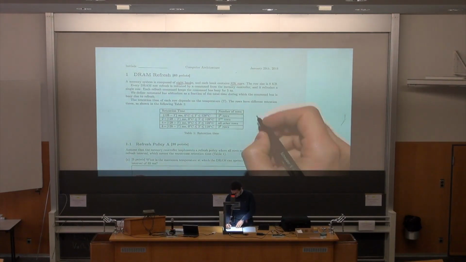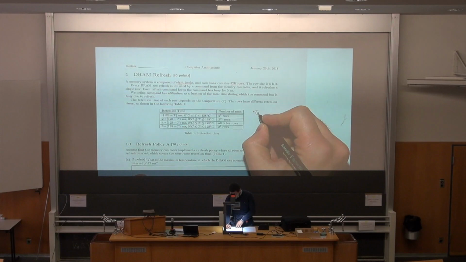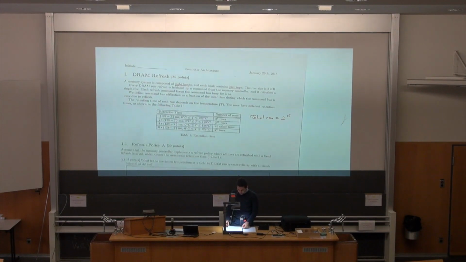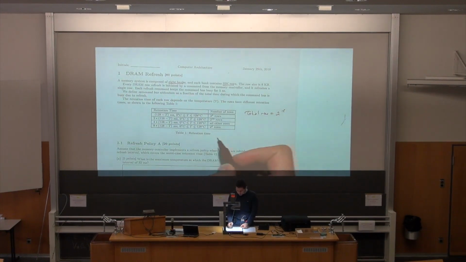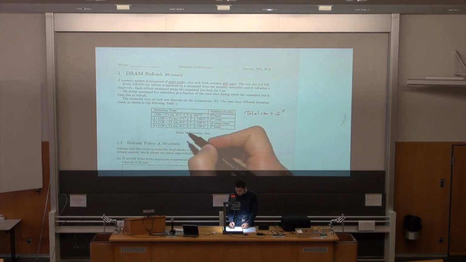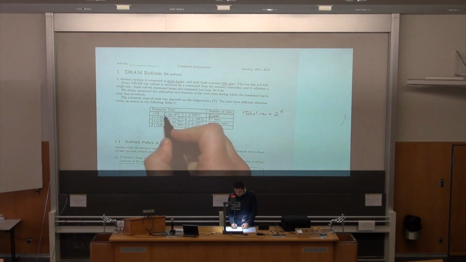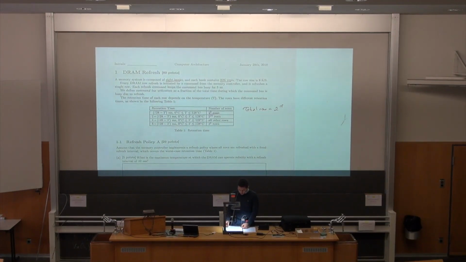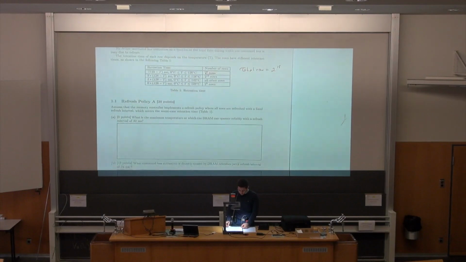So let's calculate the total rows, which is 2 to the 18. We also have a table that shows the retention times of certain rows given the temperature. So let's jump to the first question.